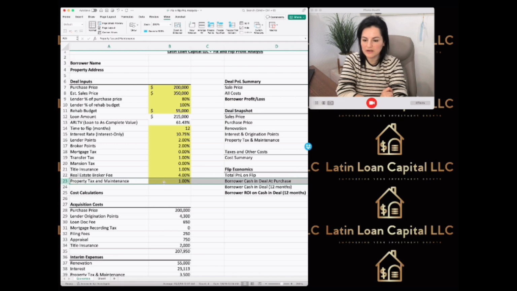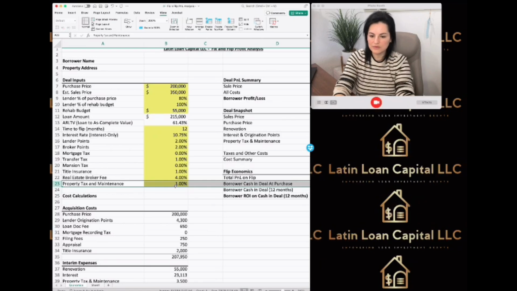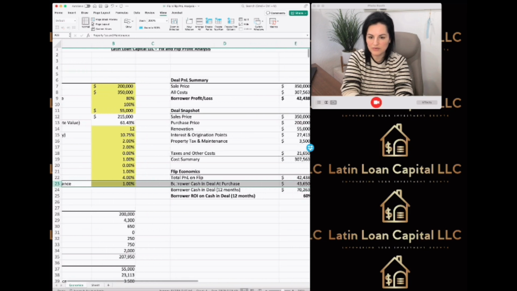This will be the taxes of the property and your utilities. So it really depends on where you live, how much your expenses are. Let's say you need electricity, gas, water. This is where you're gonna be paying, and the property taxes. Okay, let's leave it at 1%. But if you live in an area where taxes are higher, then you're going to have to calculate for more.